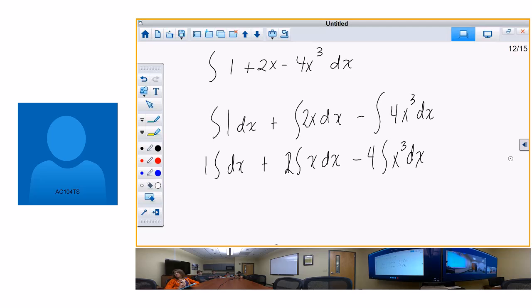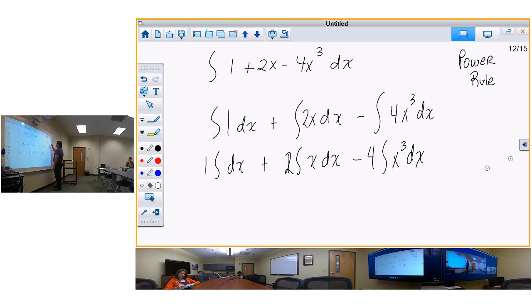If you have an antiderivative with 3 terms, you can break it up into 3 antiderivatives. That's the first 2 rules. The third rule is the power rule. And the power rule of antiderivatives says that you take x to the n, you're going to add 1, and then you're going to put a denominator of the same thing, n plus 1.